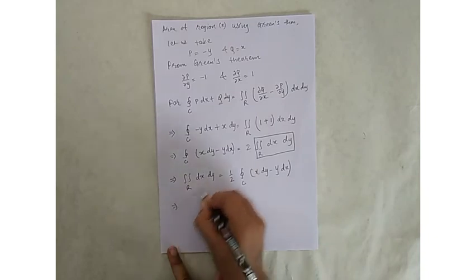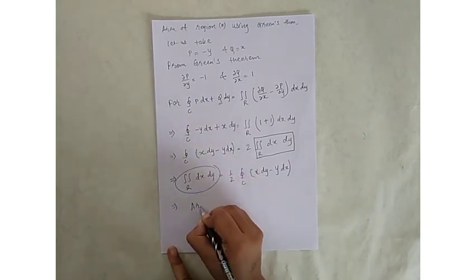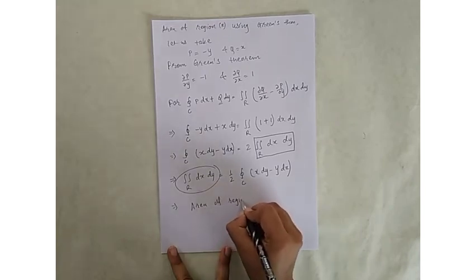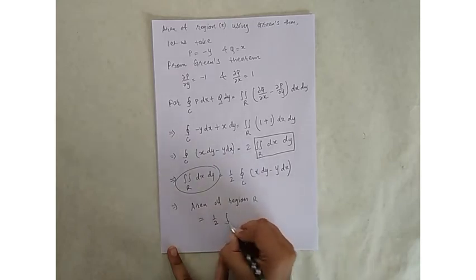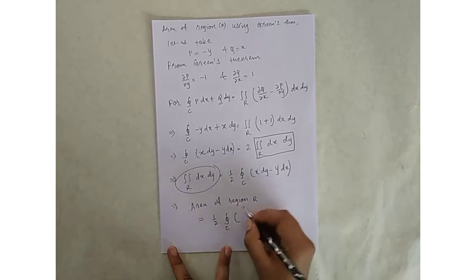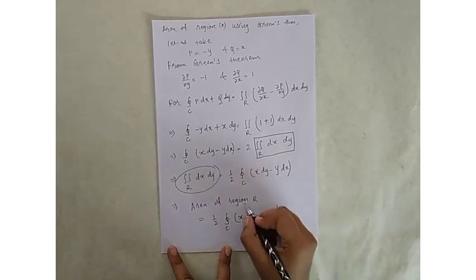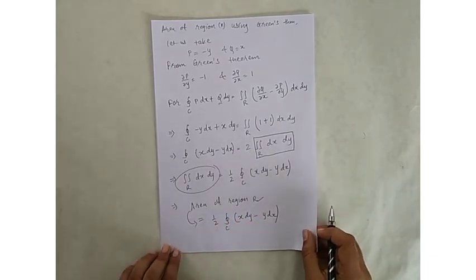So this is nothing but the area of region R. So the area of region R is equal to 1 by 2 integration on closed smooth curve of x dy minus y dx. So if the region R is given, you can write the area of the given region.